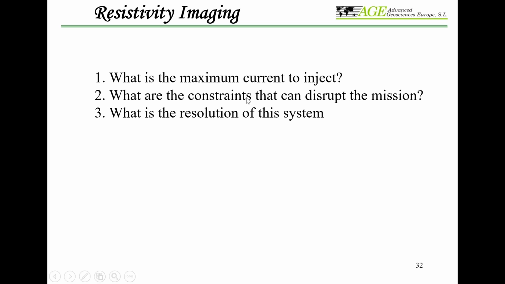So what are the constraints that can disrupt the mission? In marine studies, the important thing is positioning. We try to help through our application to get correct positioning and tracking.